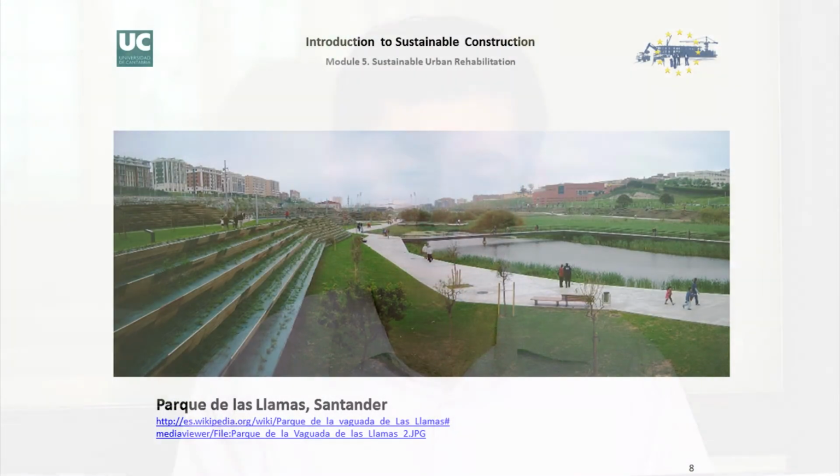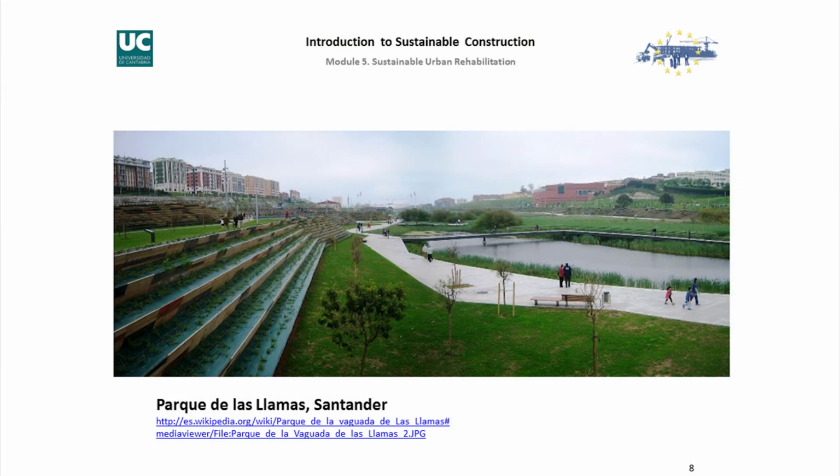Very good example of wetland, of artificial wetland, is in Santander. In Santander, the city council invests a lot of money in the construction of the Llamas Park. In this park, you have different water bodies, one which is quite artificial, but another one which is very natural.